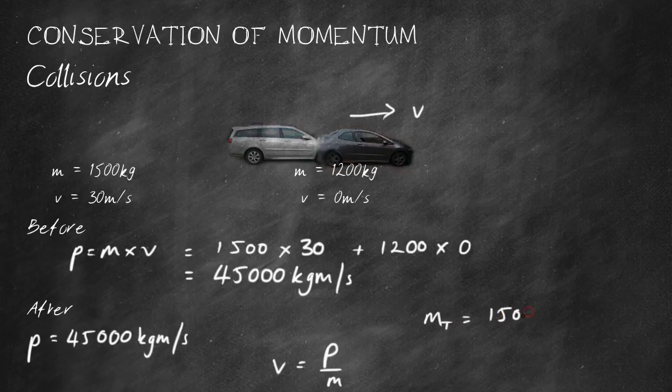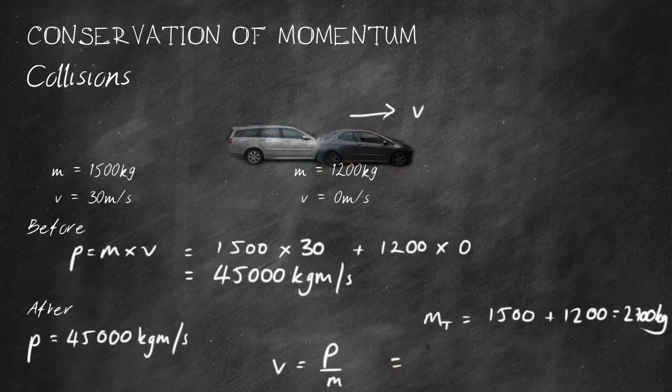1500 plus 1200, which is 2700 kilograms. Let's put that on. Go for the calculator now. So write out what I'm going to put in first.